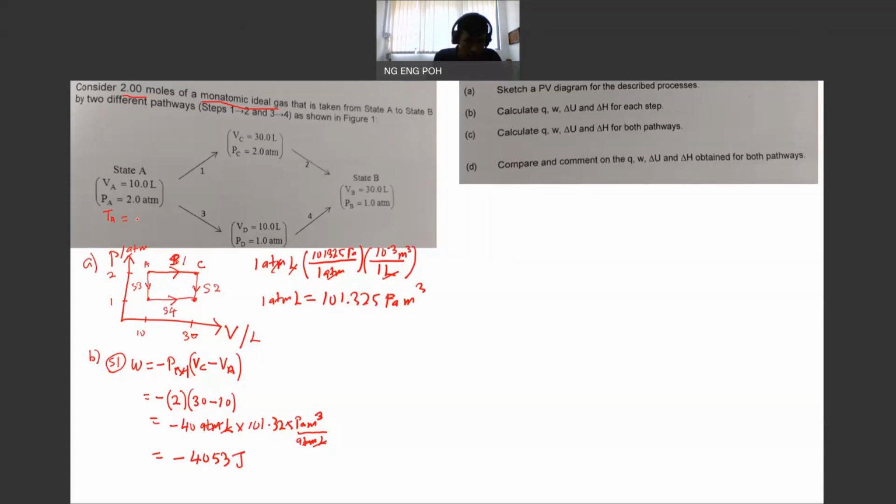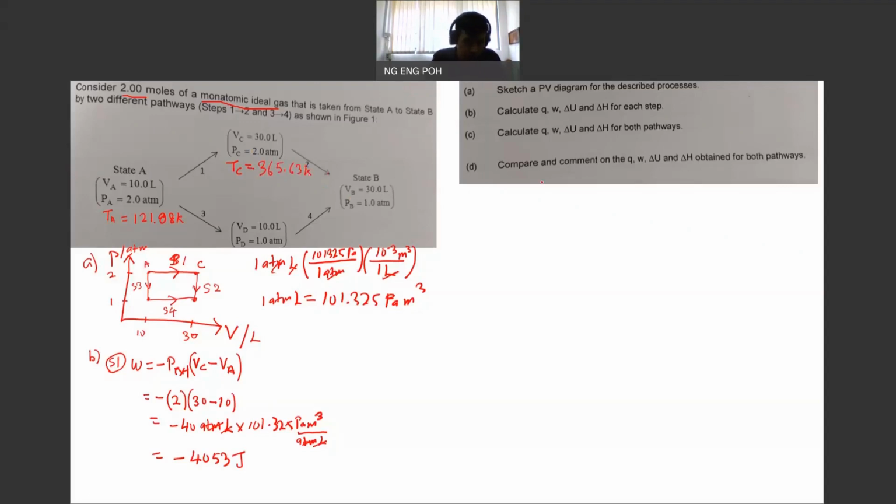So TA is 121.88 Kelvin, and for TC it is 365.63 Kelvin.